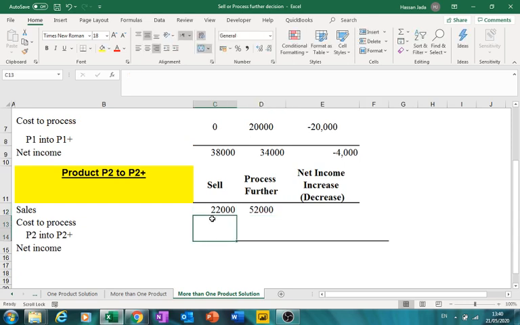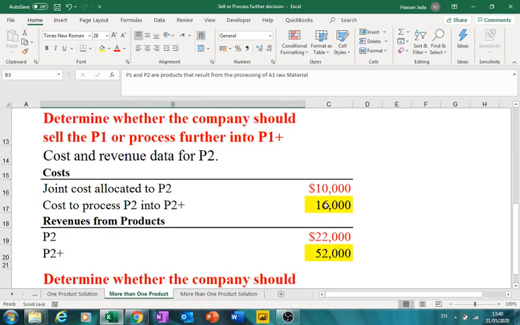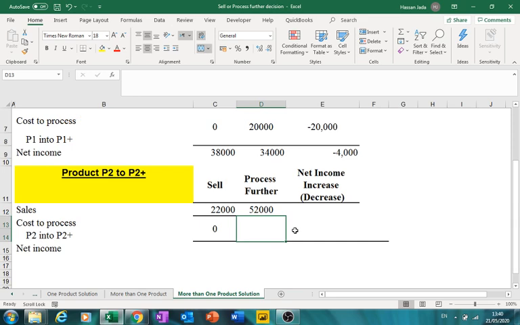And the cost to process P2 into P2 plus: if we don't want to process it further it is 0, and according to our example it is 16,000.